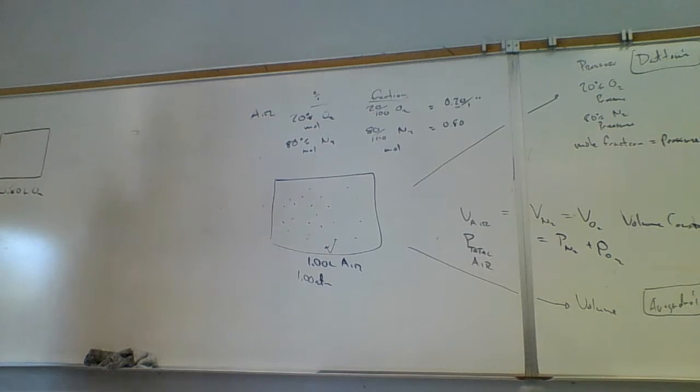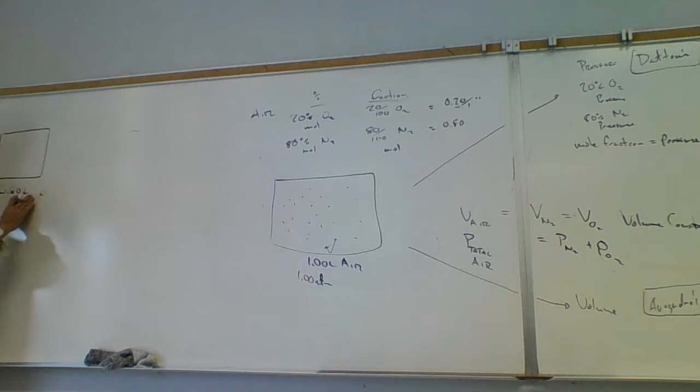What we're going to do in Avogadro's is squeeze the box down a little bit to maintain a steady pressure. So this is going to be 0.80 liters of nitrogen at 1.00 atmospheres. I'm going to have 1.00 atmospheres of nitrogen, but the box is going to be smaller.